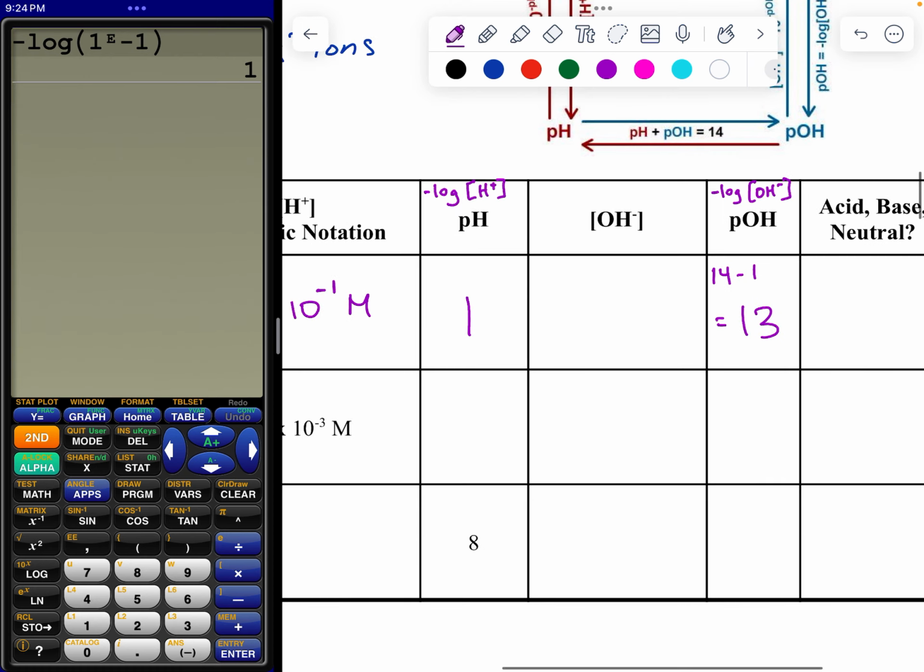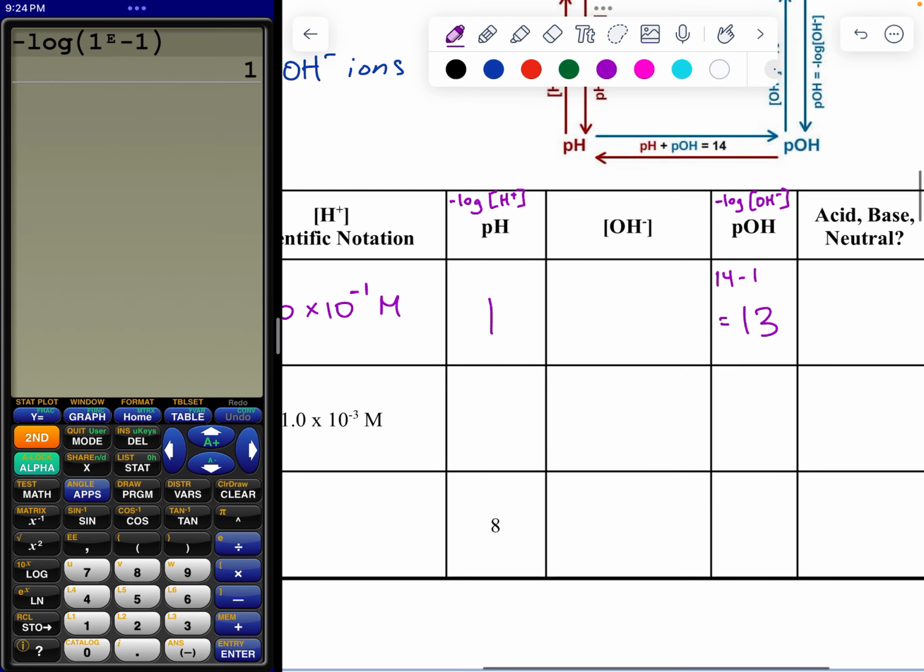And from there, what I can do is use this value here to go backwards and figure out what the specific concentration of those OH ions is. And how I do that is by reversing this log. And how I reverse a log is by taking 10 and putting it to the negative, in this case, since I'm looking for OH ions, the pOH.